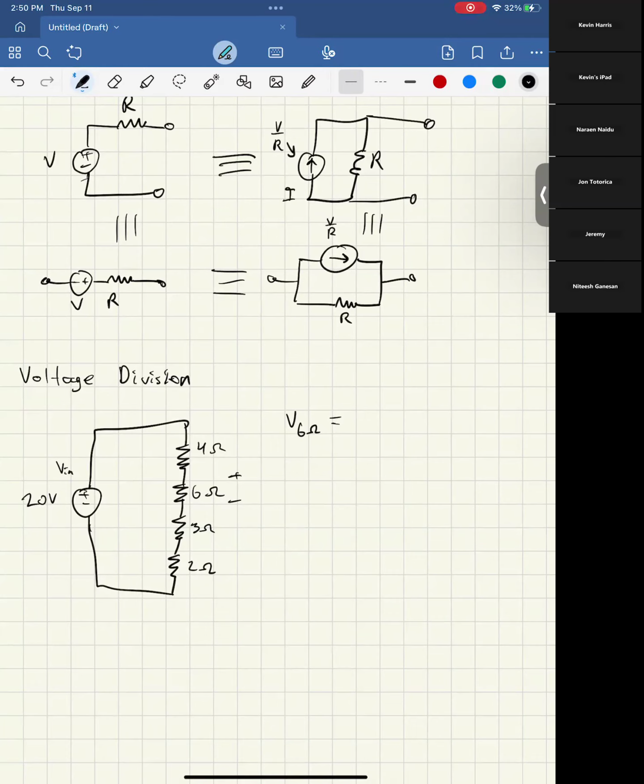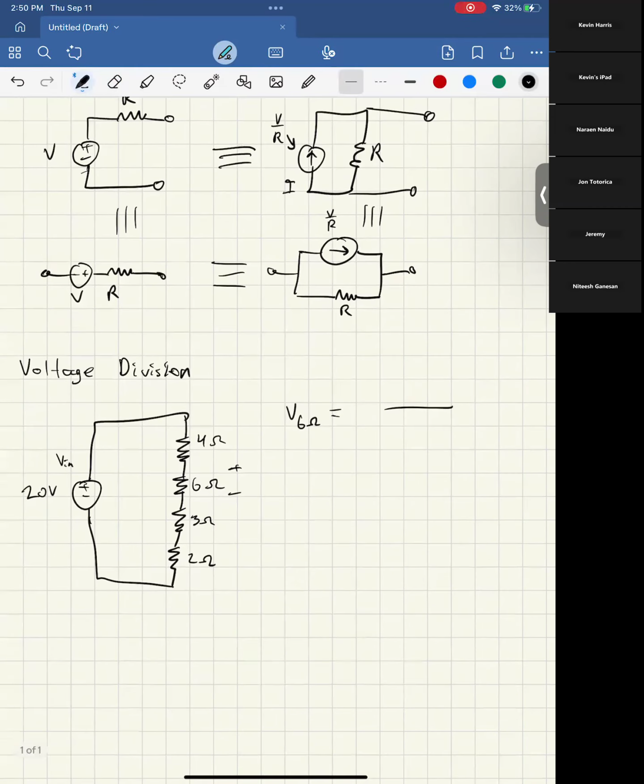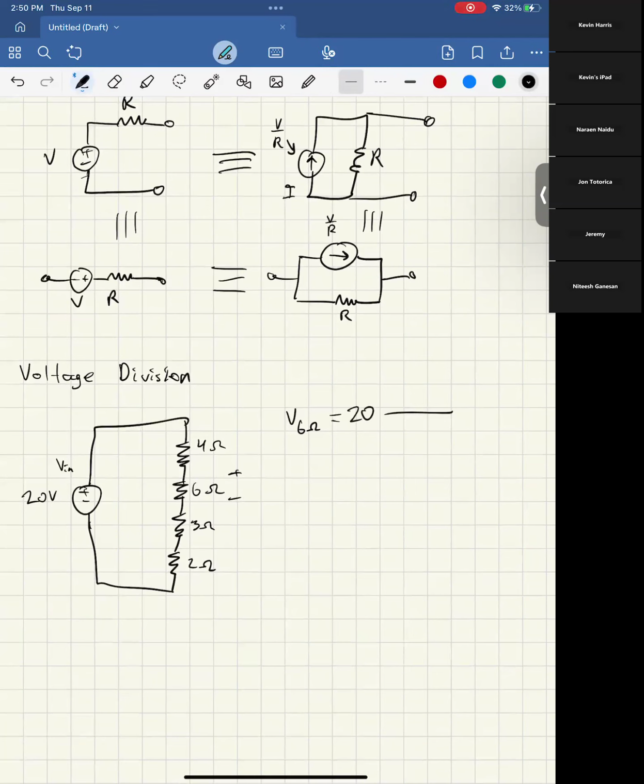So it's going to be that input, which in this case is 20, times, or I'll do it explicitly in numbers first and then give a more general formula in a sec. So it's going to be that input 20 volts times that 6 ohms over the total resistance, so 4 plus 6 plus 3 plus 2.